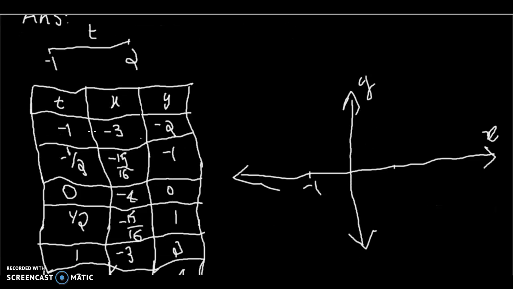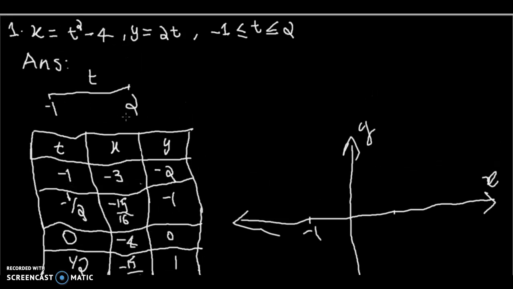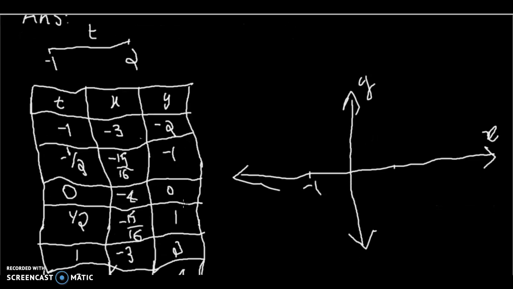Next we have to find, corresponding to each value of t, the value of x and y. When t equals minus 1, we substitute: minus 1 squared minus 4 is minus 3, and y is minus 2. When t equals minus 1 by 2, x is 1 by 4 minus 4, that is minus 15 by 4, and y is minus 1.